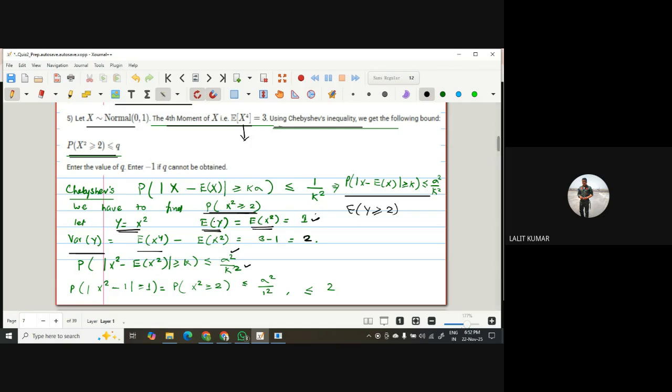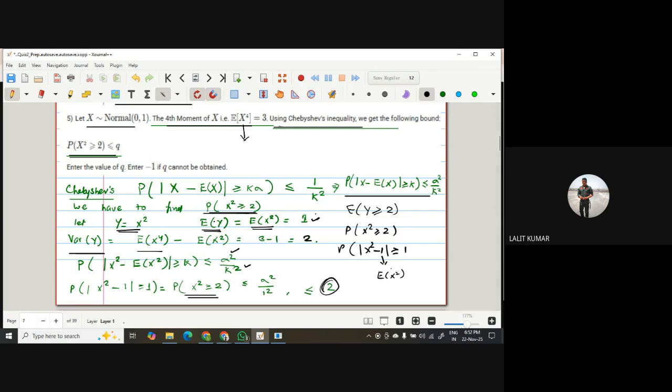So we can write probability of x square greater than or equal to 2 as probability of x square minus 1 greater than or equal to 1. So we have taken 1, this 1 is expectation of x square. We put here the standard deviation on top, and k square, so we get value 2.